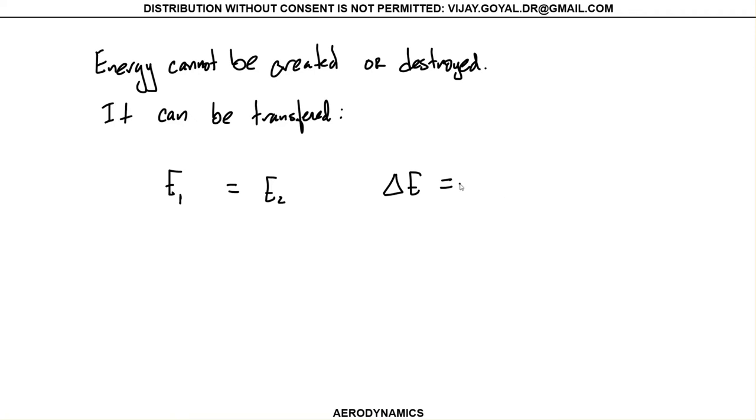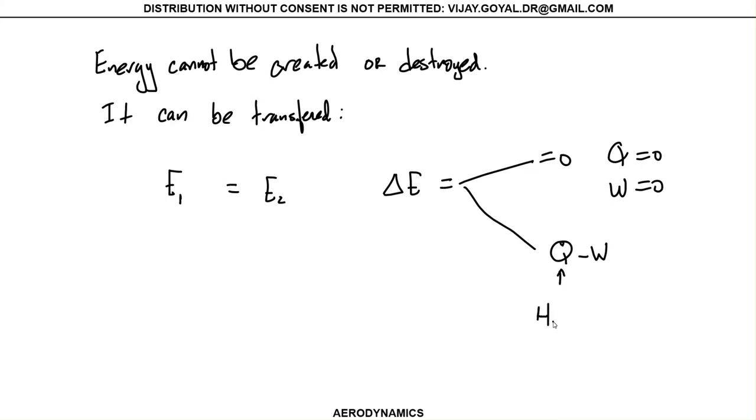So let me erase this. This will be equal to zero if Q is equal to zero and W is equal to zero. So in the most general case, your delta E is going to equal Q minus W, where Q is nothing else than the heat transfer, and W is nothing else than the work that's happening in the problem.